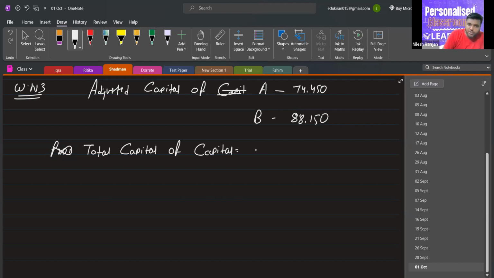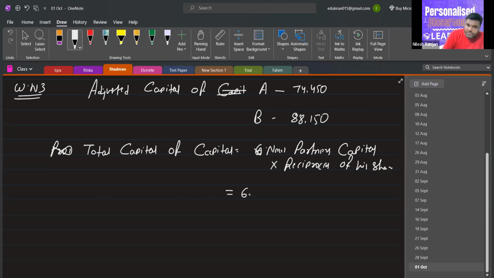In this question, the new partner's capital multiplied by the reciprocal of his share. His share is 1/4 and his capital is 60,000. So 60,000 into 4/1 will be 2,40,000.